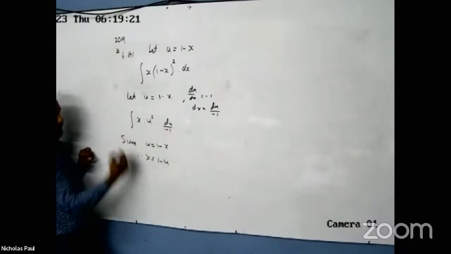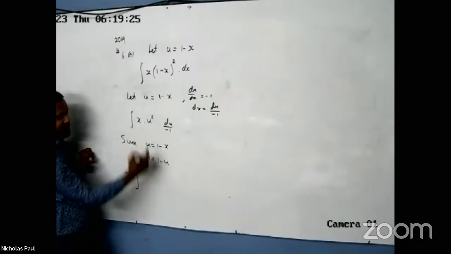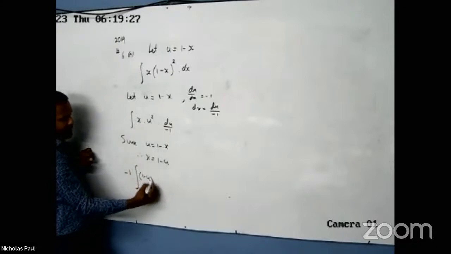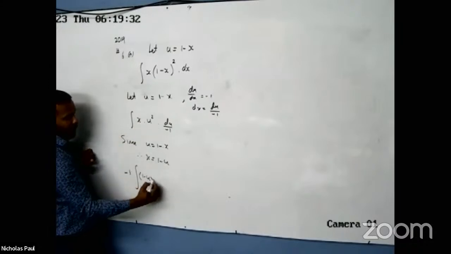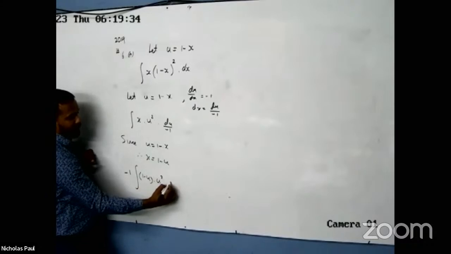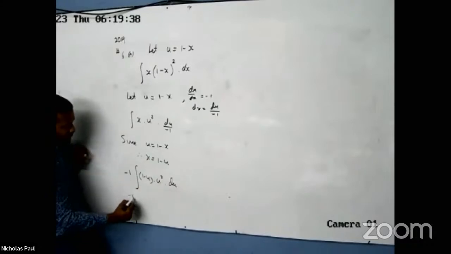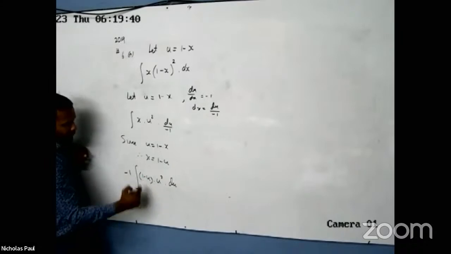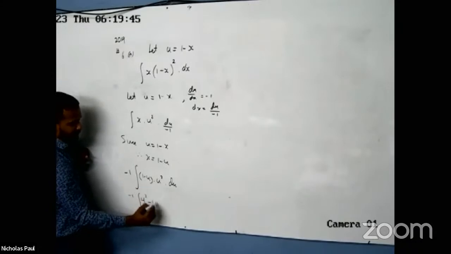I'll put the minus on the outside, so I'll get -1 by the integral of, take off this x, and I'll put in 1 minus u by u squared by du. Everything here is good, so I can go ahead and integrate. Well, simplify first. U squared by 1 is u squared. U squared by minus u is minus u cubed.